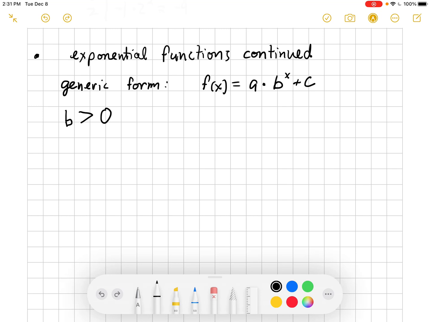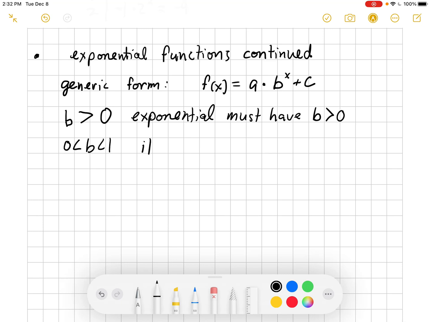So we don't need to worry about that right now. For our purposes, assume that an exponential has a b bigger than 0. If b is in between 0 and 1, it will follow a decay pattern.